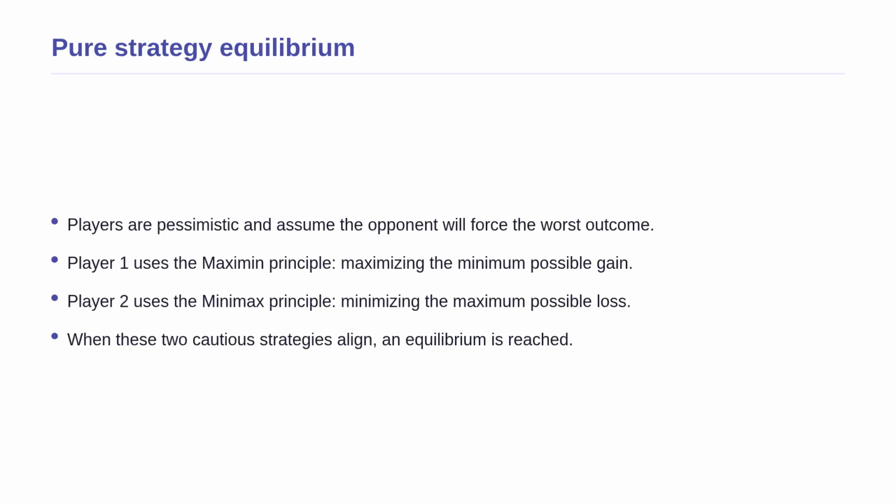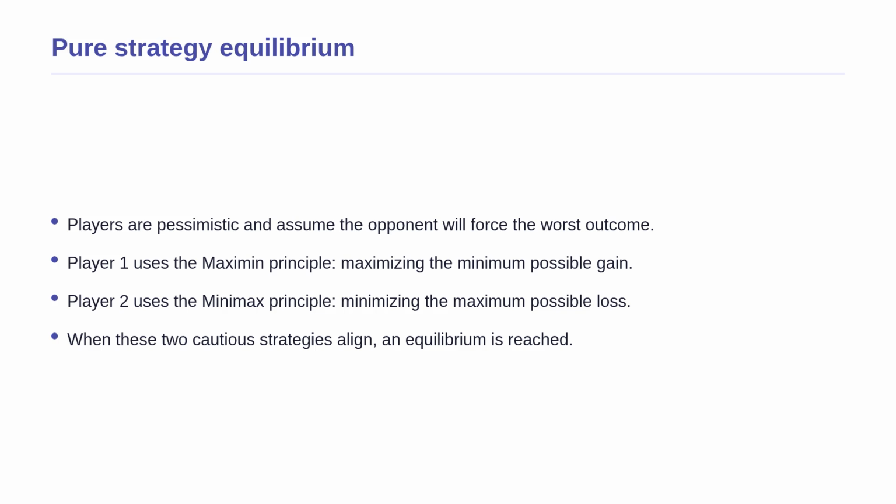With our matrix set up, we must ask, how do players actually choose their moves? Both players are highly pessimistic. The first player assumes the second player will always try to force the worst possible outcome. So the first player looks at the absolute worst case scenario for every row and chooses the row that gives the highest value among these worst cases.